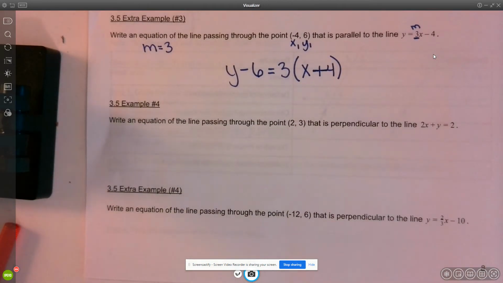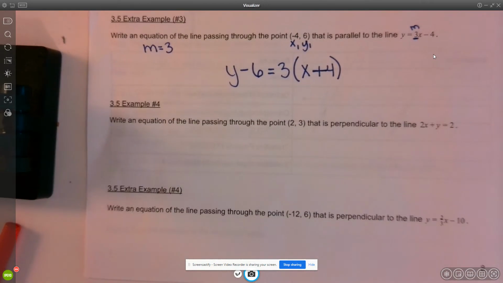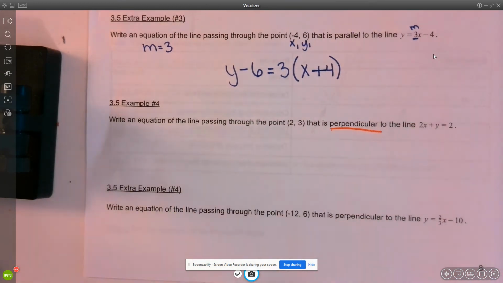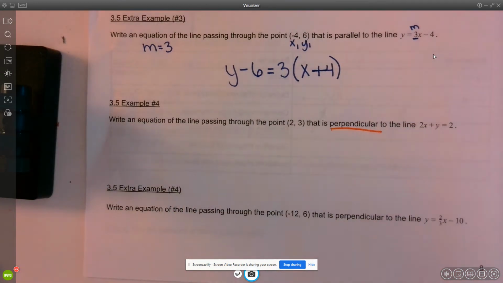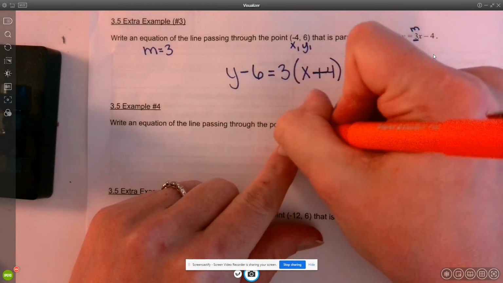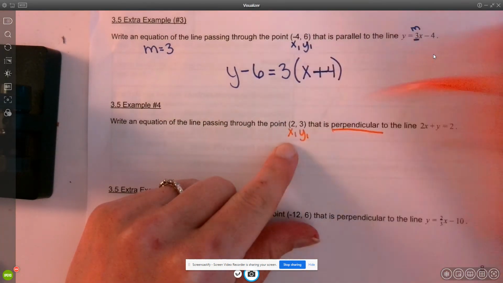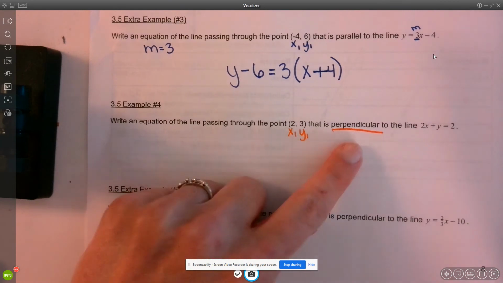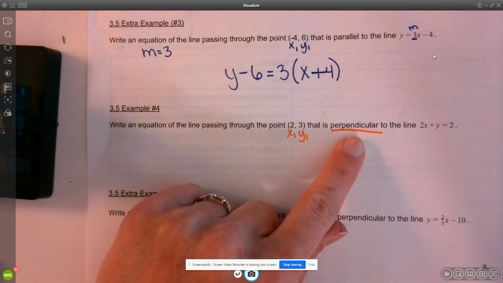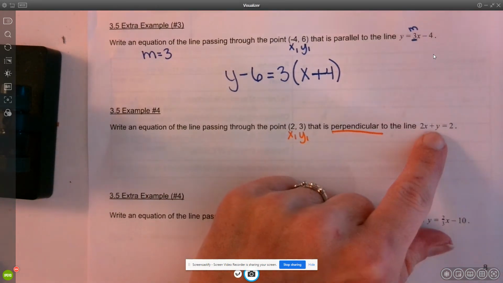Example 4. We need to write an equation of the line passing through the point 2, 3 that is perpendicular to the line 2x plus y equals 2. So first of all, I know my equation has to include this point. But now my line is perpendicular to this given equation.